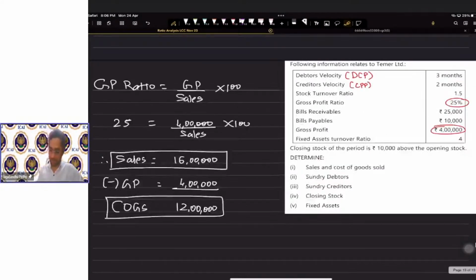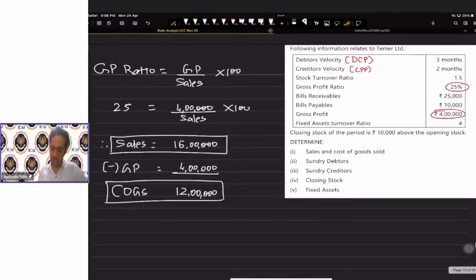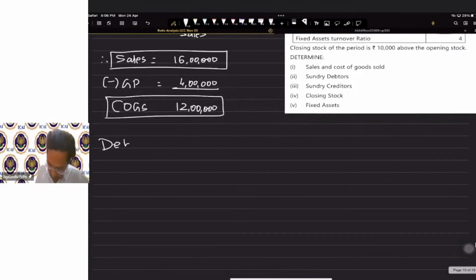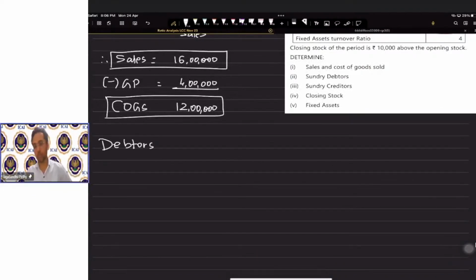Okay. So let's talk of sundry debtors. Now we have the debtors velocity as 3 months. Of course, here we are assuming that all the sales are on credit basis. So debtors velocity is same as debtors collection period.